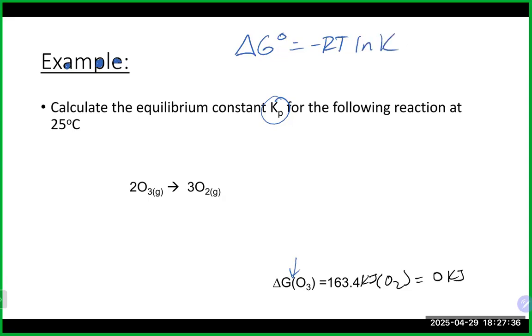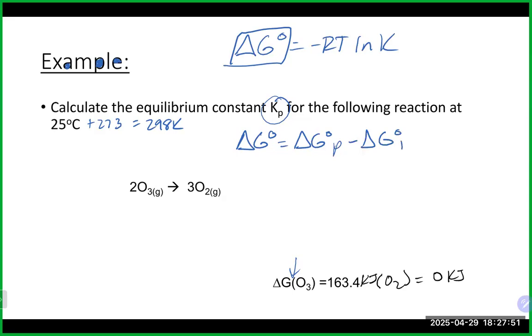We're not given much other than the temperature, which we need to convert to Kelvin, so that's 298. We could calculate the delta G by taking the delta G of our products minus the delta G of our reactants. In this case, we have 3 times the delta G value for O2, which is 0.